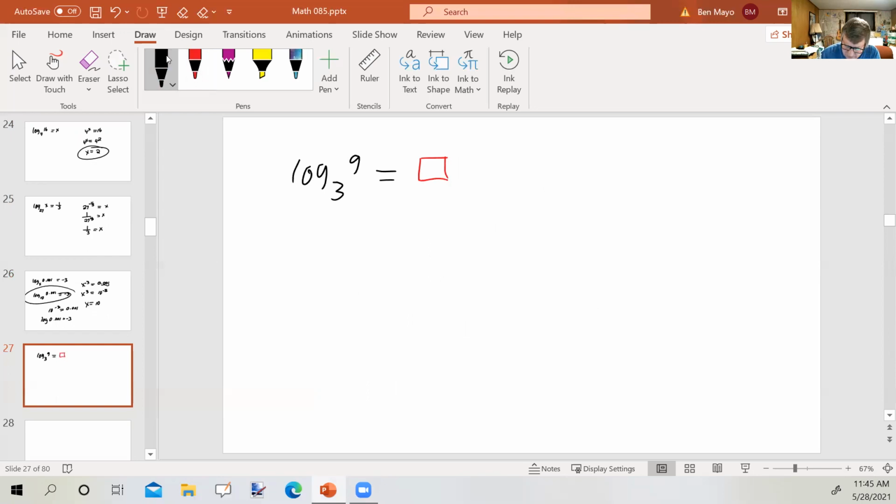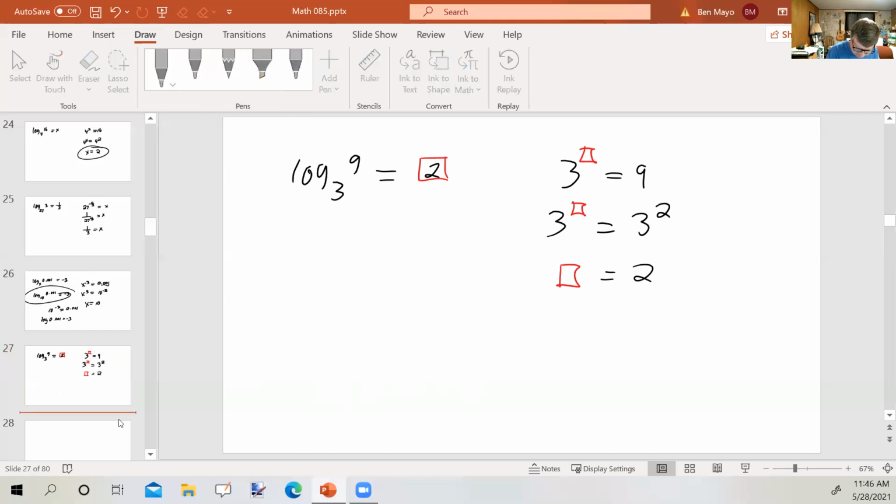Well, what if we took that, which is now a logarithmic equation, and wrote it in exponential form? Wouldn't it look like that? And then couldn't we take the right side and rewrite it like that? So now the box equals 2. So log base 3 of 9 equals 2 because 3 squared equals 9.